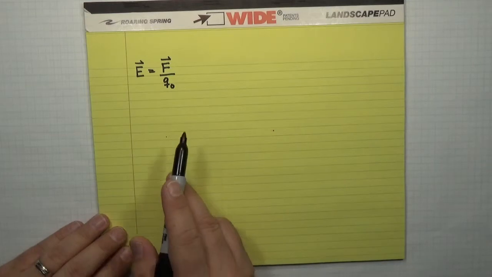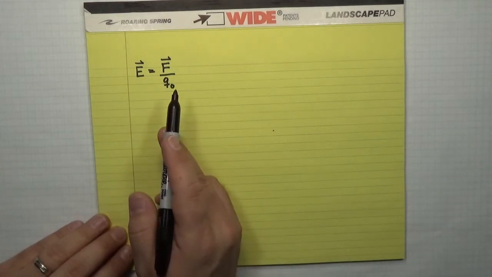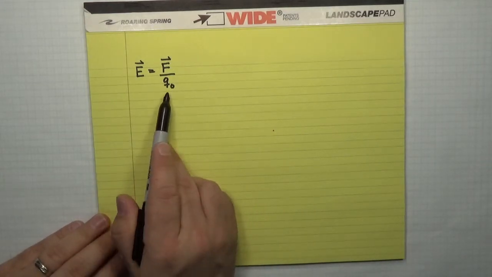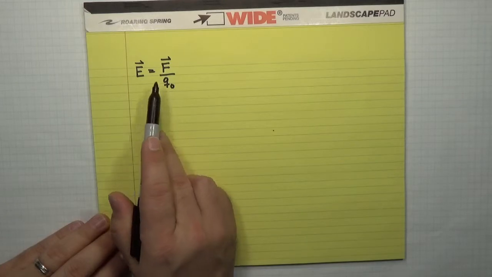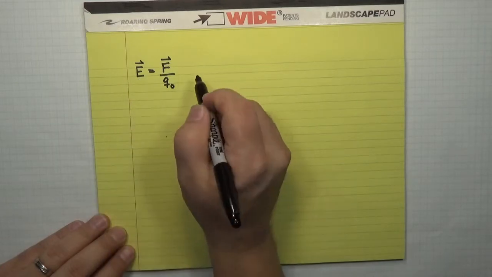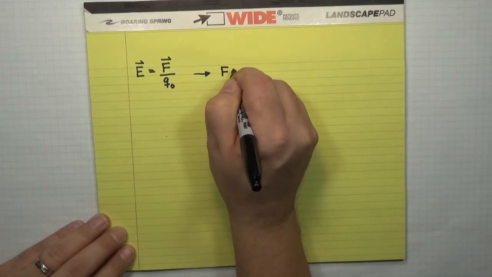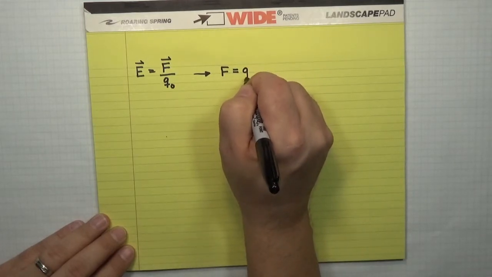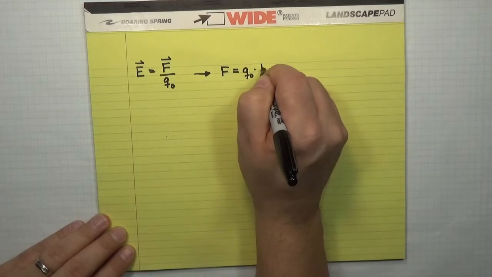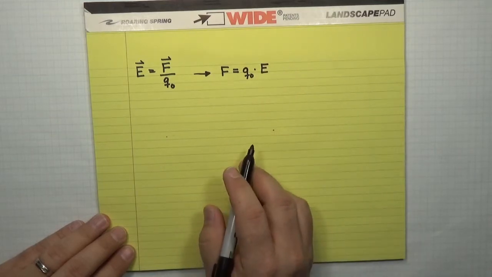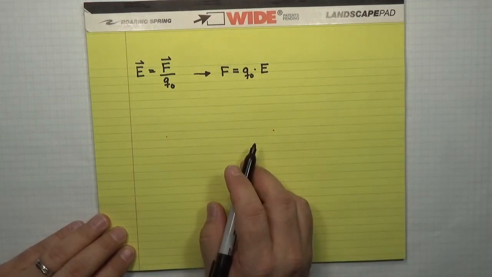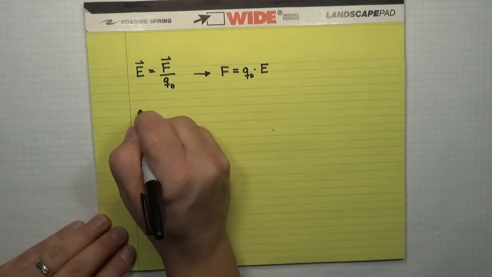Okay, so we're interested in the force, and we're told the values of the test charges, and we're told the value of the electric field. So this can be rearranged to tell me that the force is simply the value of the test charge times the value of the electric field wherever I've laid that test charge down. Okay? So we're given two charges.